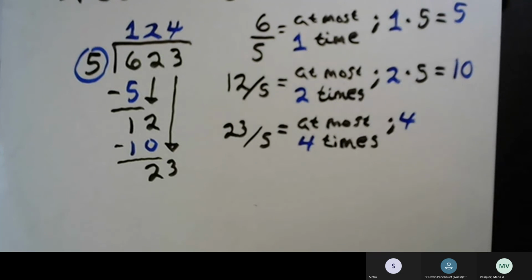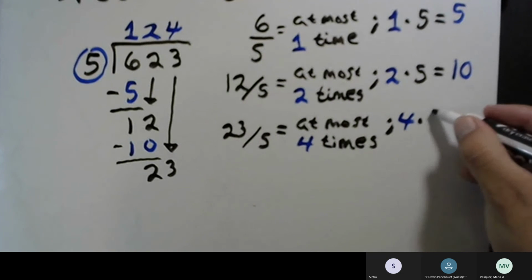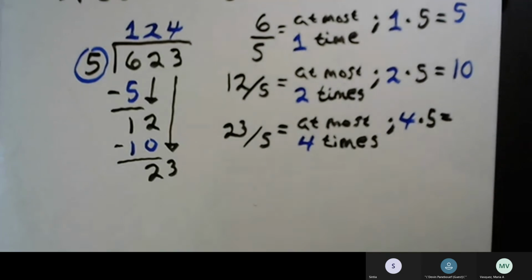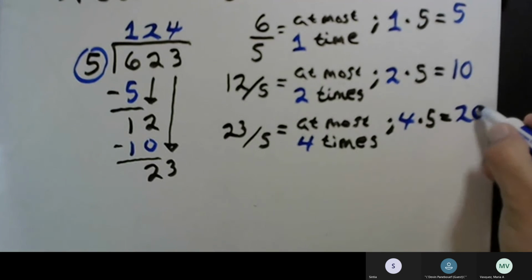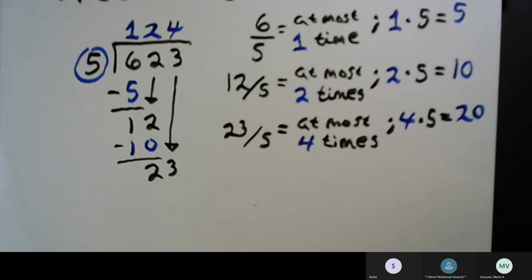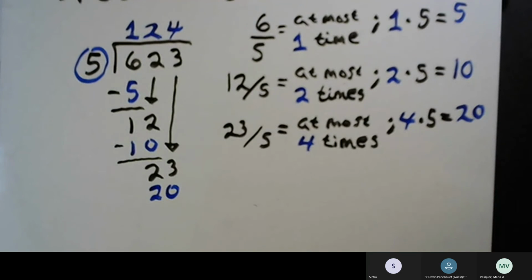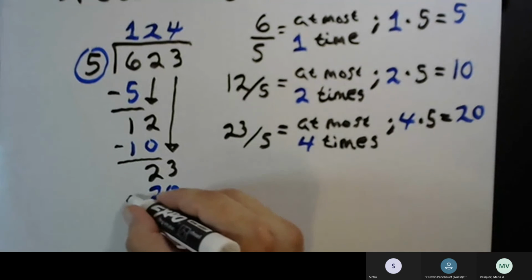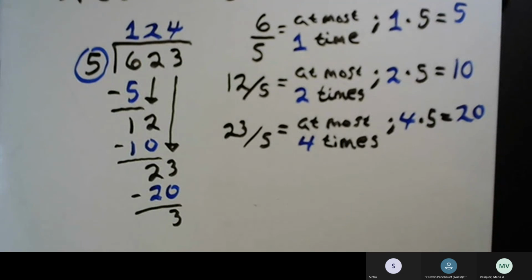We do 4 times 5, and that's 20. We get a remainder of 3, and that's it.